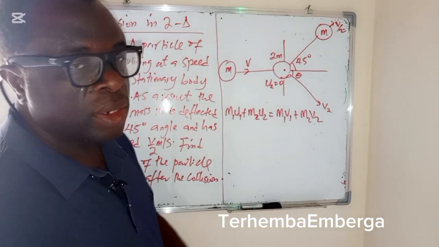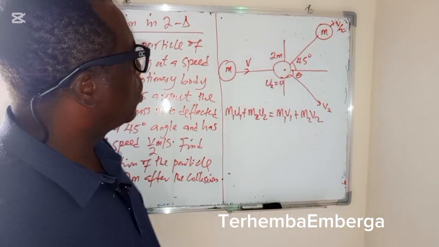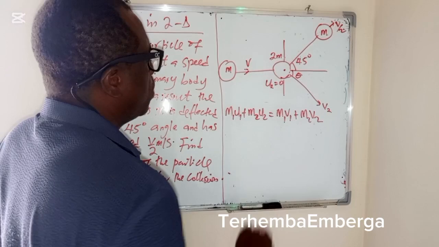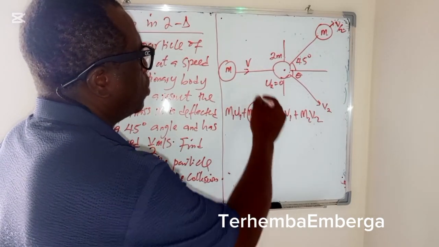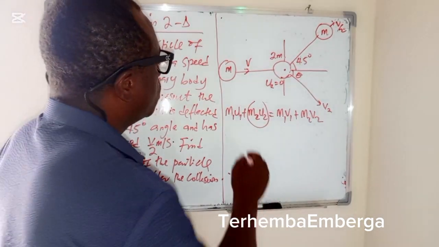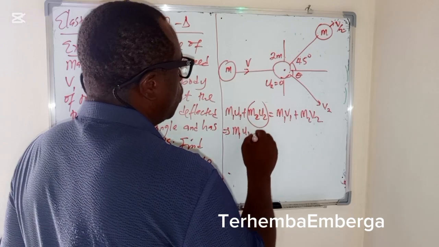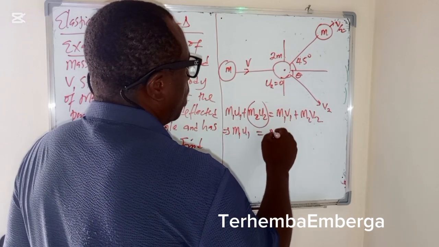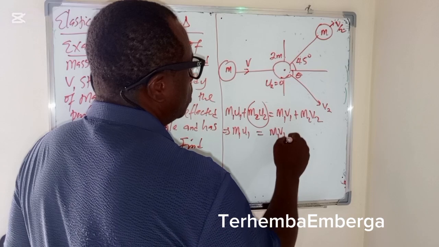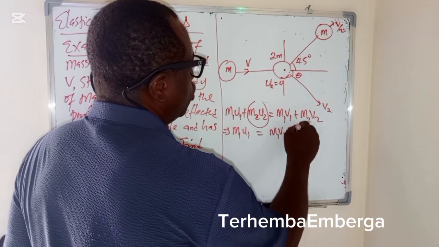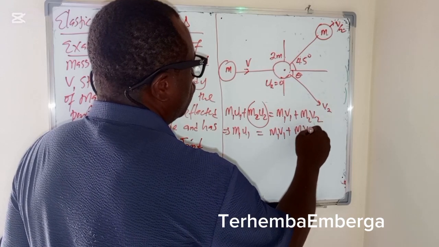But since we are dealing with a stationary body, u2 is 0 and the whole of this will turn to 0. So we now have m1 u1 equal to m1 v1 plus m2 v2.